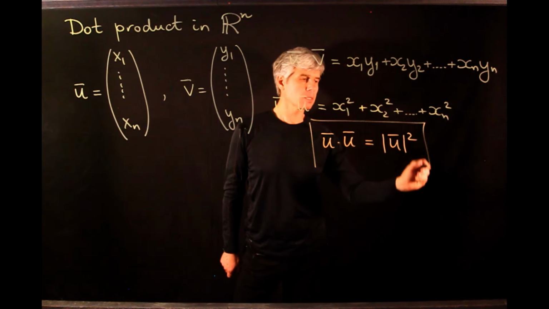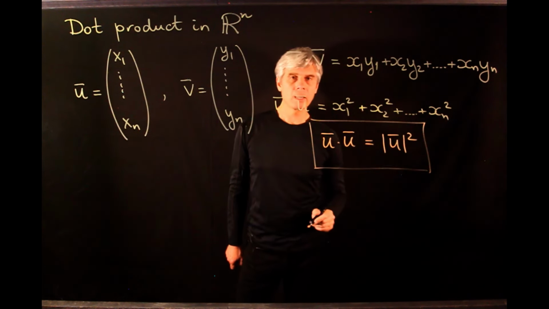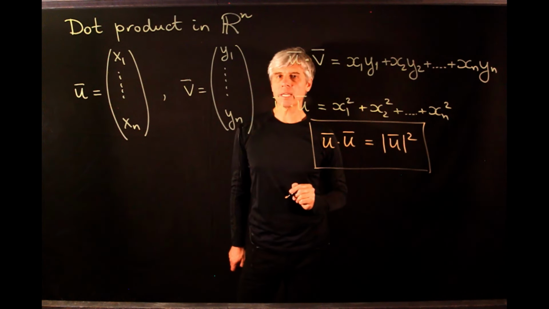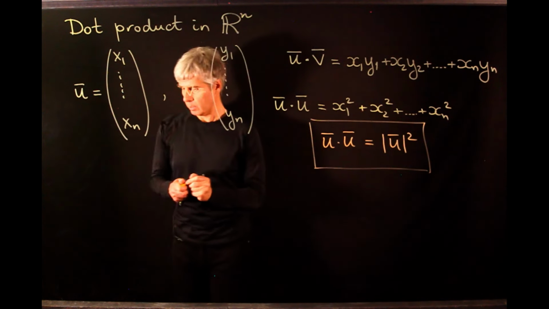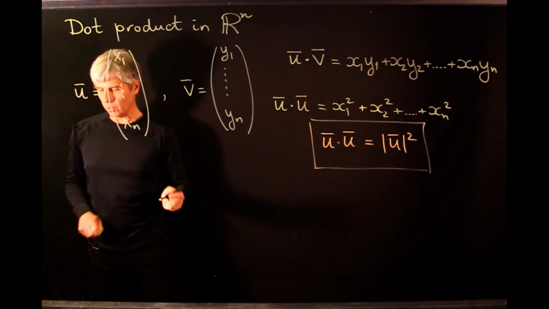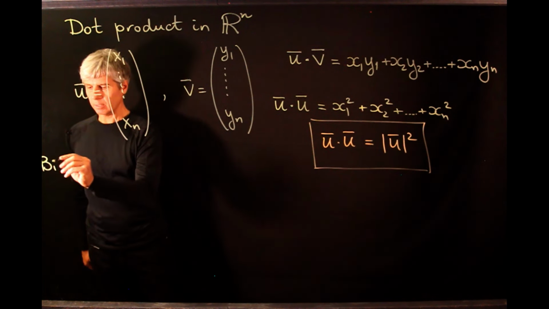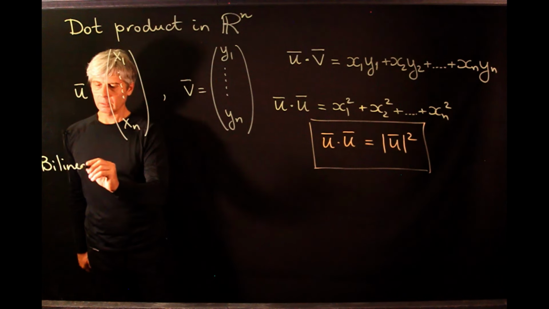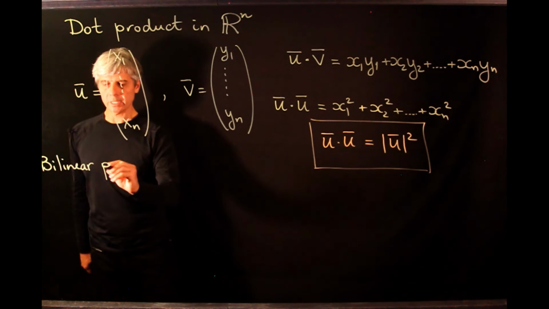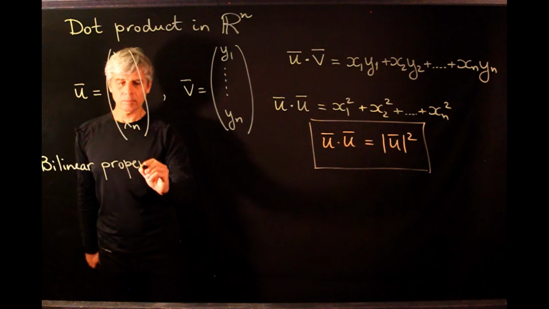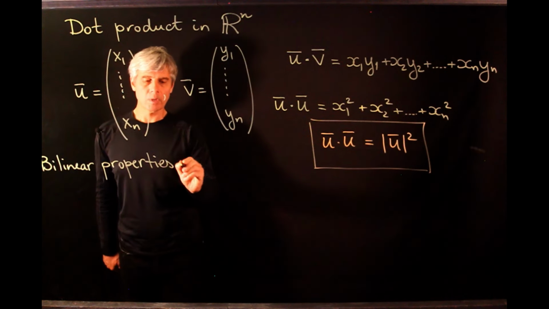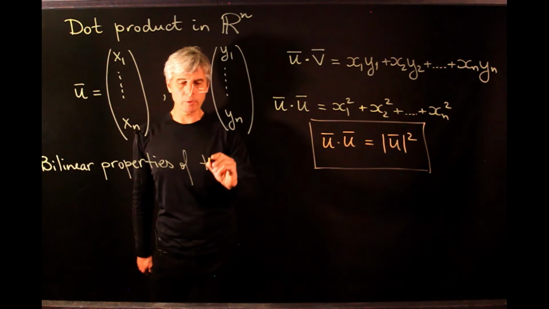This is an important property. But the dot product also has additional nice properties. So here they are. This is called the bilinear properties of the dot product.